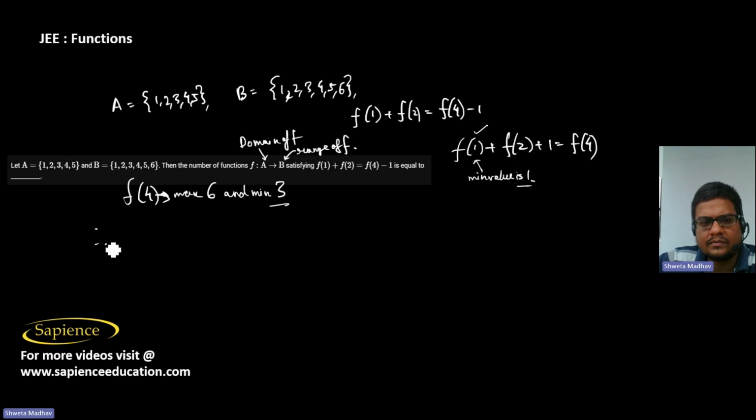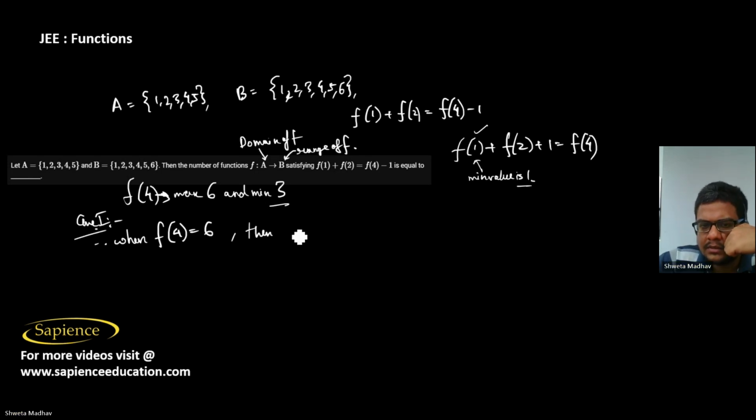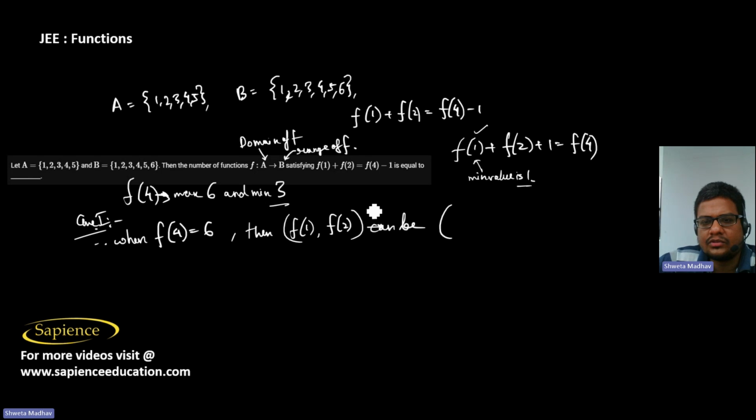So therefore, when f of 4 is 6, here we can take case 1. Case 1, when f of 4 is 6, then f of 1 and f of 2, their sum should be equal to 5.